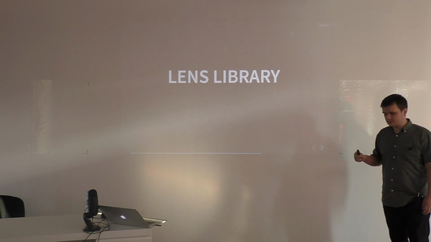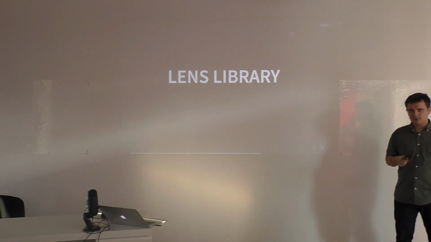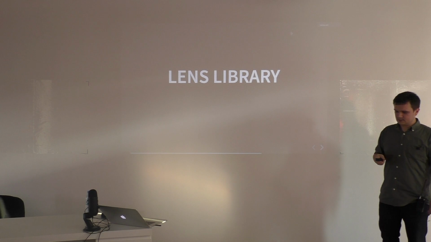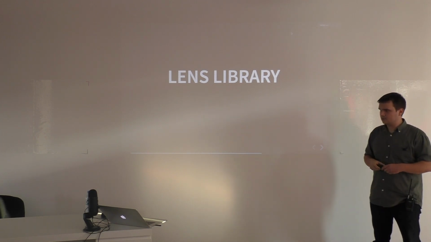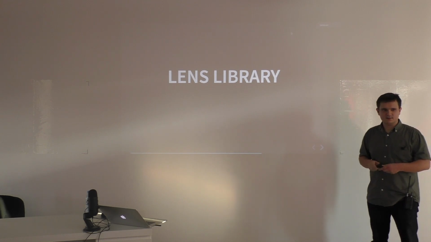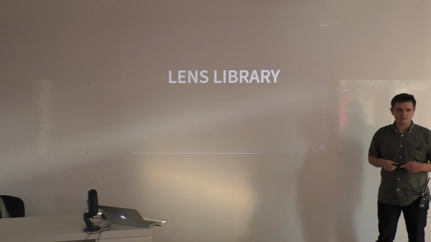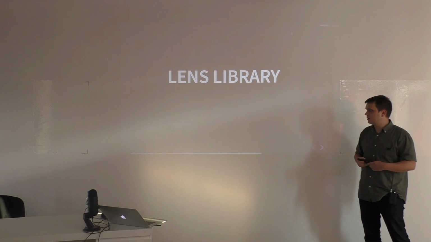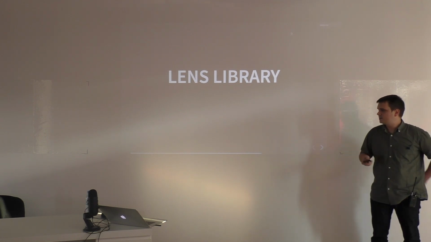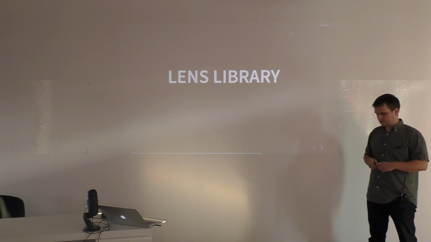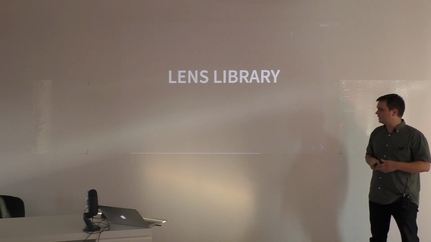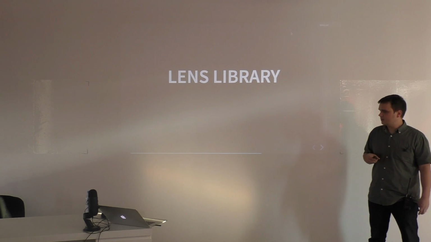Okay, so there is also this lens library, which started with this concept of lenses. The most notable person that is active there is Edward Kmett. If someone is interested in Haskell, probably he or she knows him. It basically covers the idea of lens that I presented.